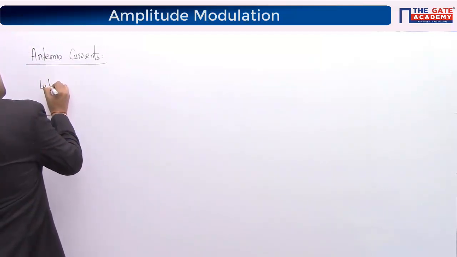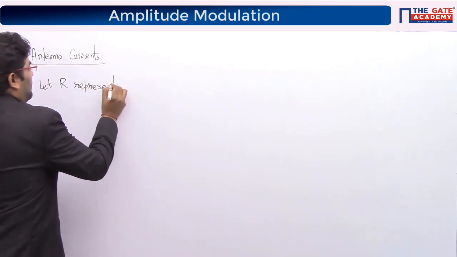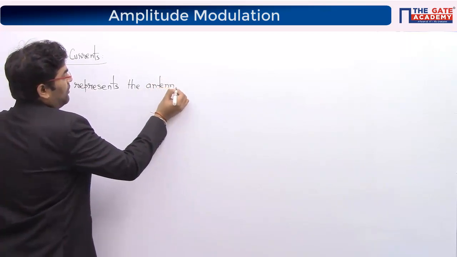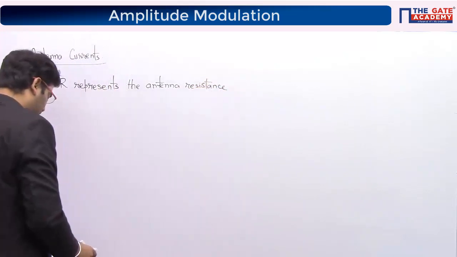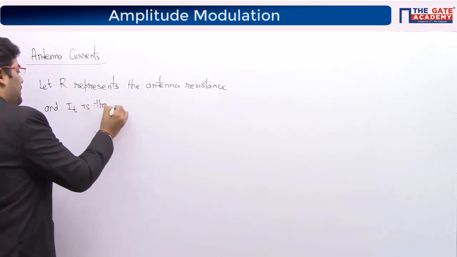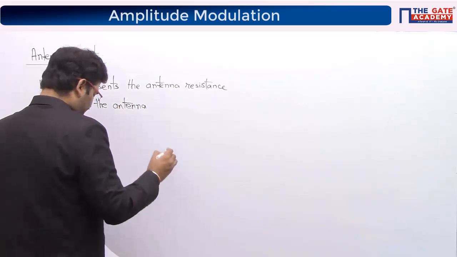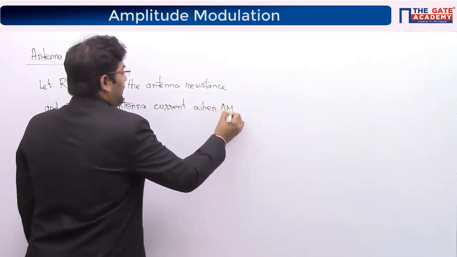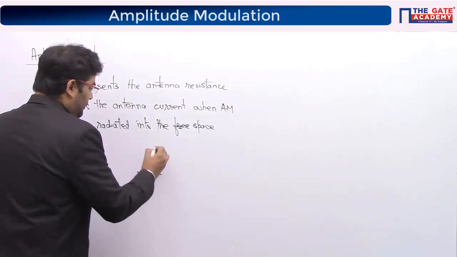Let R represent the antenna resistance, and I subscript T is the antenna current when an amplitude modulated signal is radiated into the, you can see a block diagram, something like this.